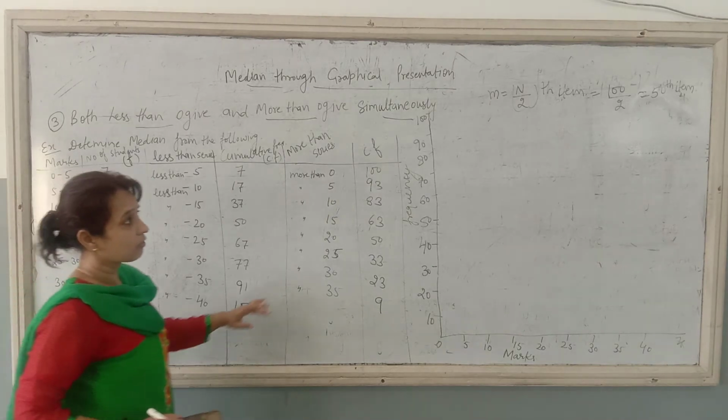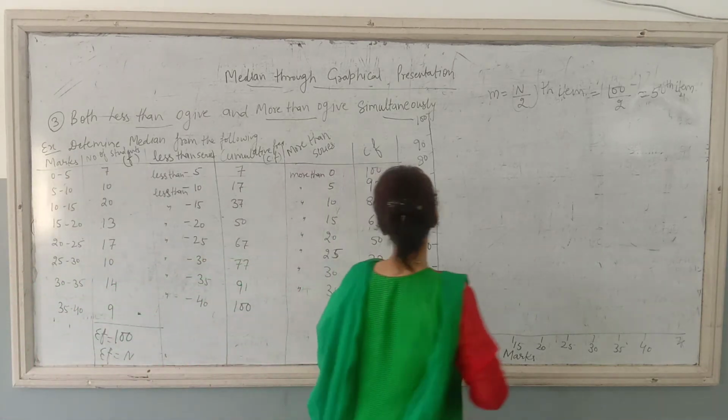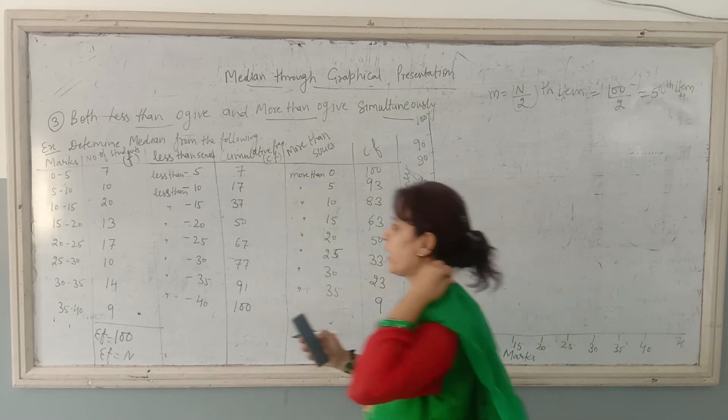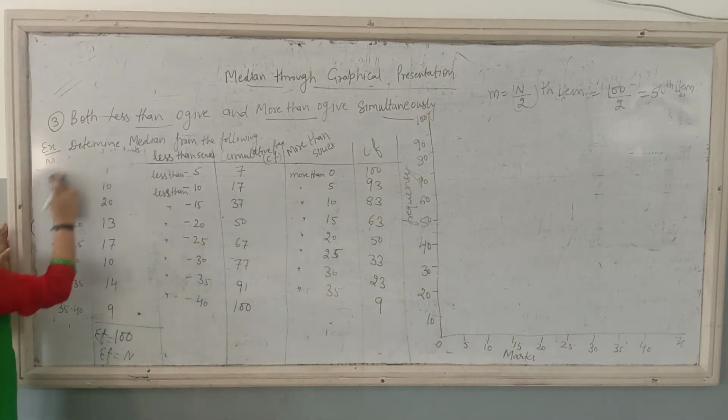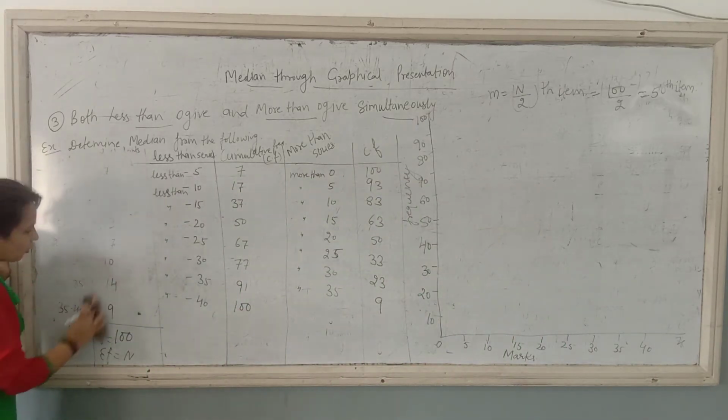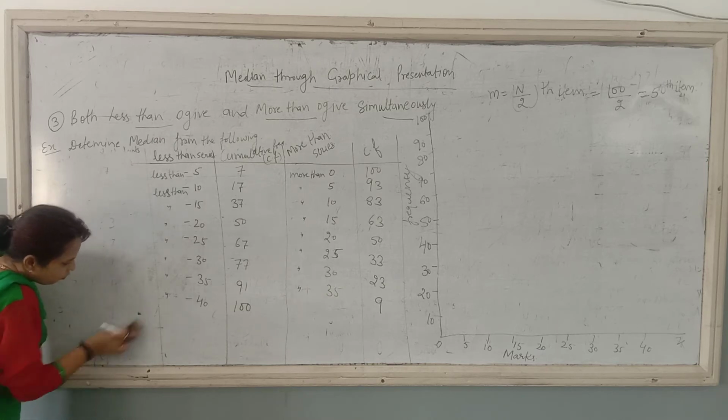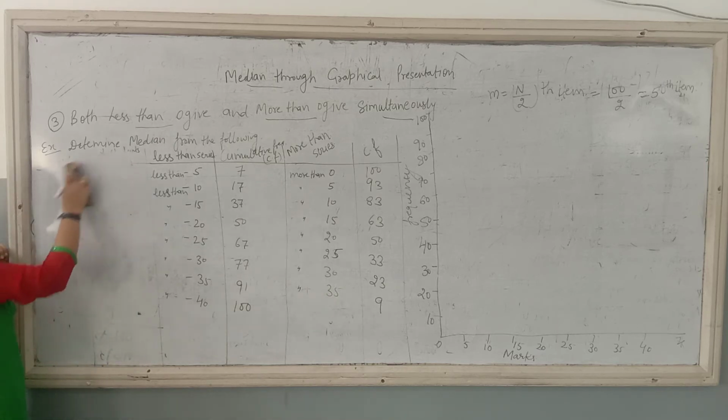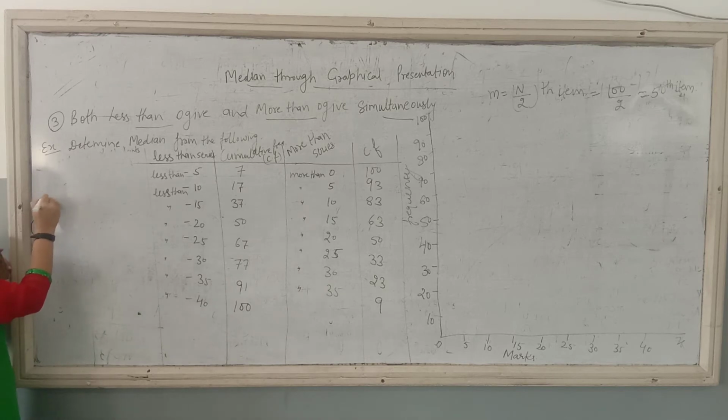Now you have to write the scale also. I am going to write the scale here, but you have to write the scale above the graph. I am not going to get a page there, that's why I am writing it here.